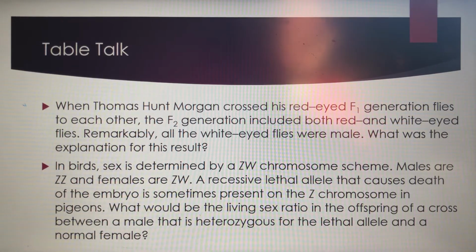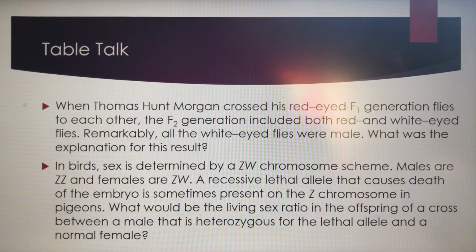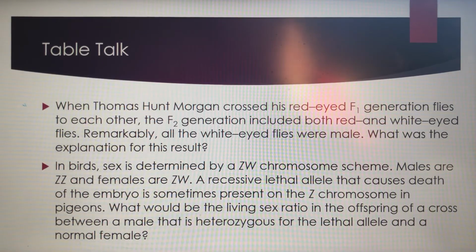Now remember, when we looked back at the first cross, he crossed red-eyed flies to each other. The F2 had red and white flies, but all the white flies were males.